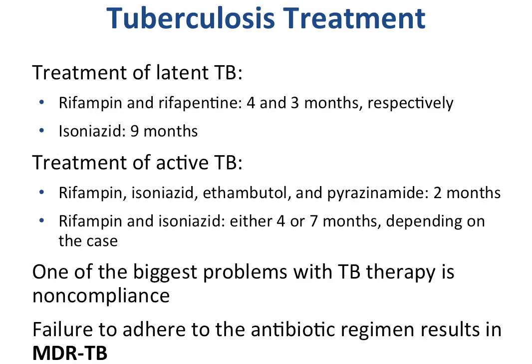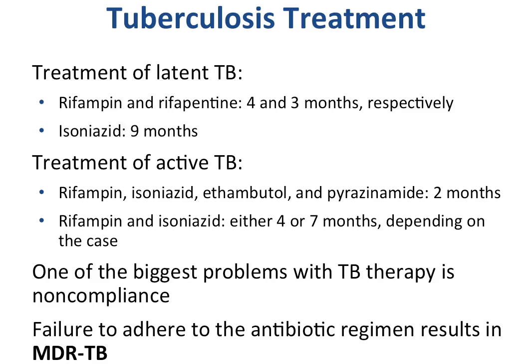For the treatment, we use rifampin and rifapentine. Isoniazid has been used for a long time. However, it's still a very good medication for tuberculosis.